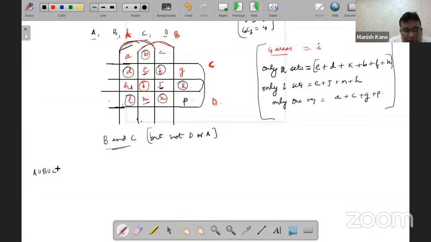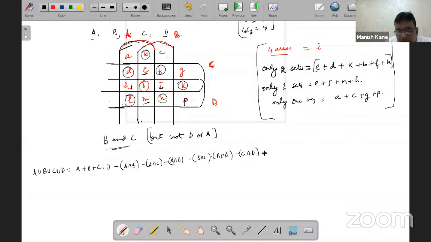A union B union C union D will be equal to A plus B plus C plus D minus what? A intersection B, A intersection C, A intersection D, B intersection C minus B intersection D minus, I don't want you to write down this formula, plus. So it's a complicated formula.